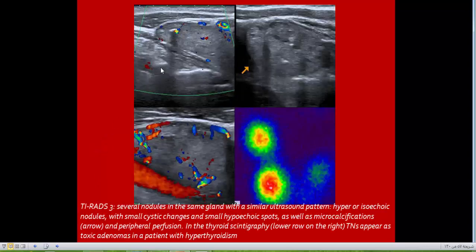TI-RADS 3 multiple nodules within the same gland with a similar ultrasound pattern: hyper- or isoechoic nodules with small cystic changes and small hypoechoic spots as well as microcalcifications and peripheral perfusion. Peripheral perfusion by Doppler study; in the thyroid scintigraphy, as we see, this is a toxic adenoma, a patient with hyperthyroidism.